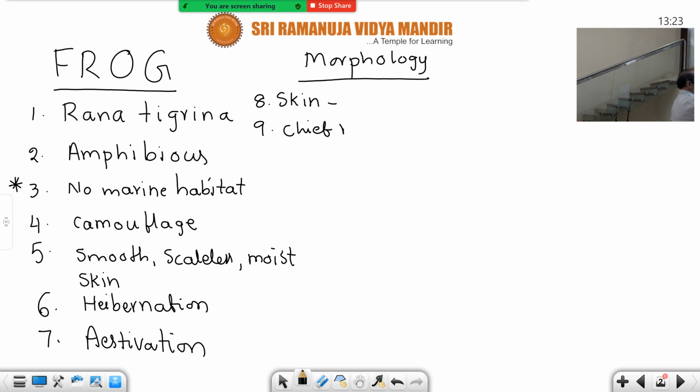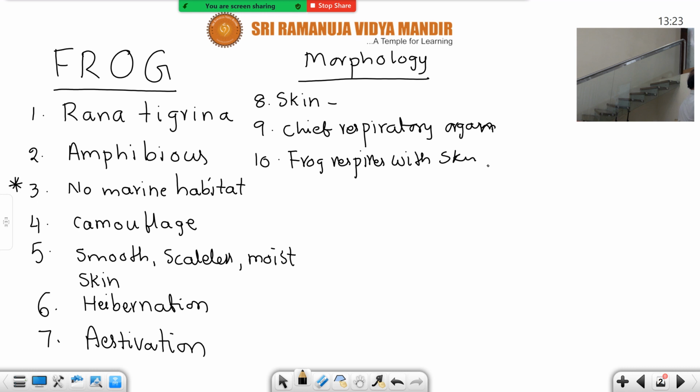The chief respiratory organ of frog is not the lungs; better you say skin. Because in hibernation and aestivation also the frog respires with skin. Frog respires with skin, or cutaneous respiration, during hibernation and aestivation.